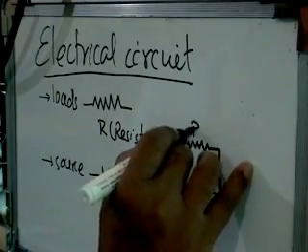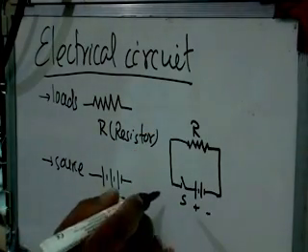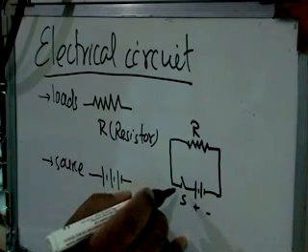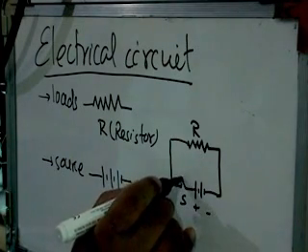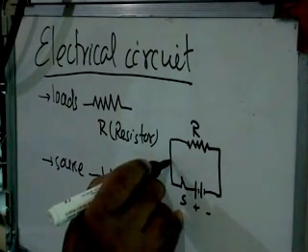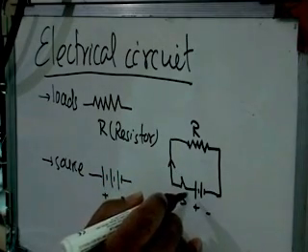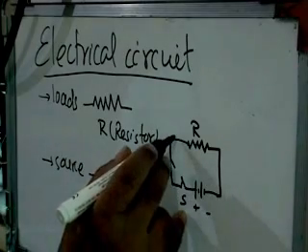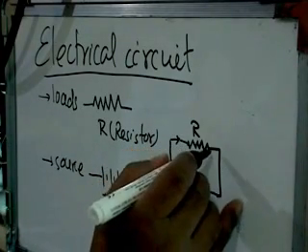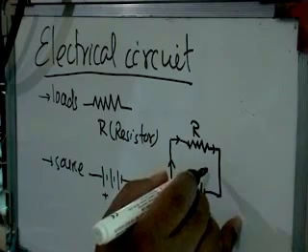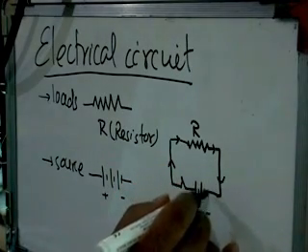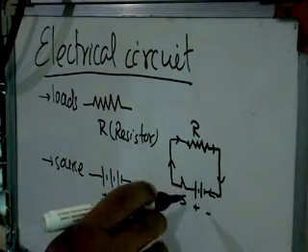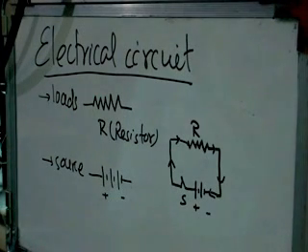We name it R. So when you close this switch, the current flows in direction starting from the positive end of the battery via the switch into the resistor or load, and again back to the negative end of the battery. So this is the basic diagram of the electrical circuit.